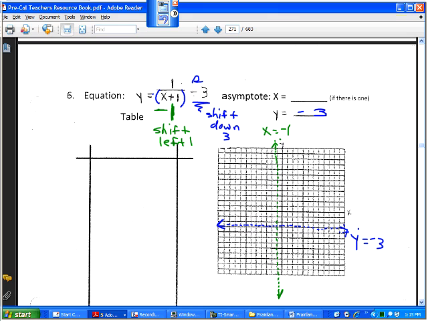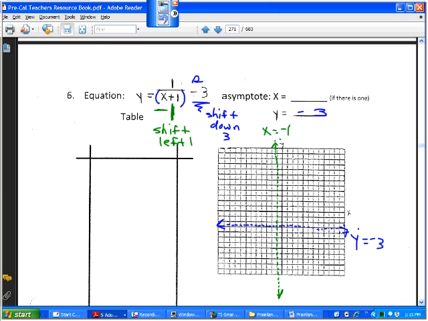In the parent function, your asymptotes are your x and y axis. We shifted down 3 from the x-axis, which puts us at y equals negative 3. We shifted left 1 of the y-axis, which puts us at x equals negative 1.